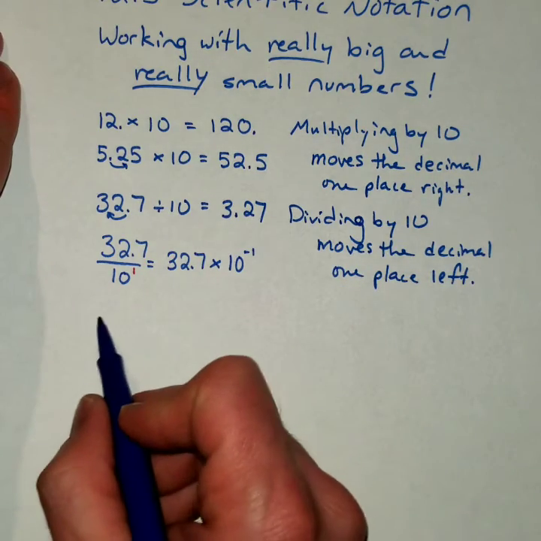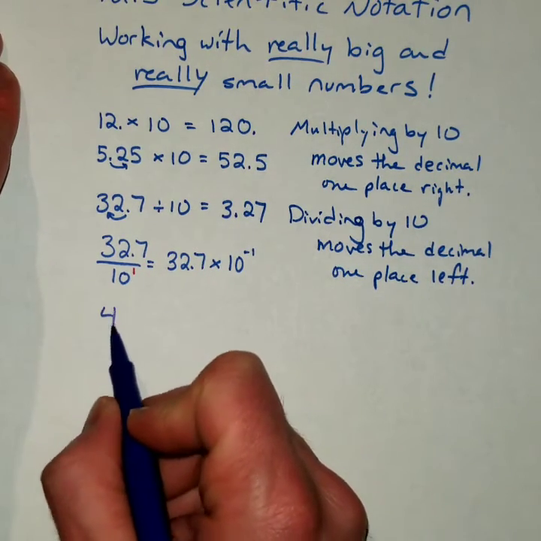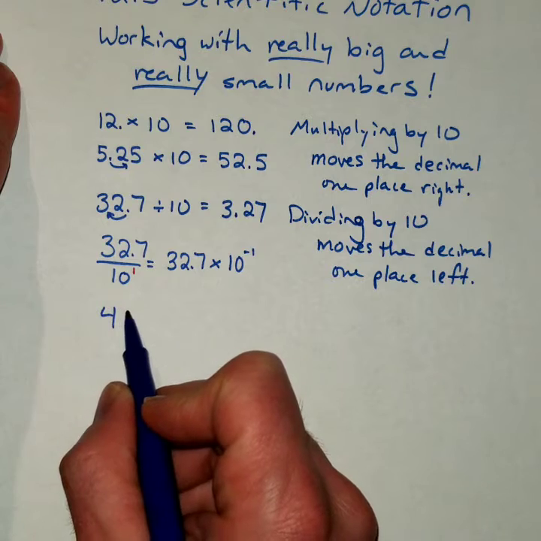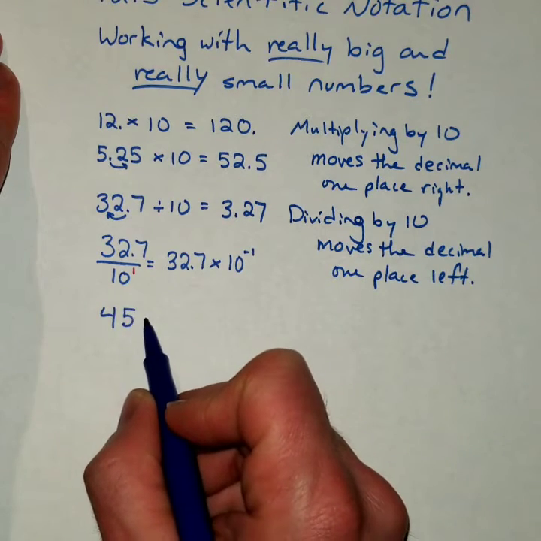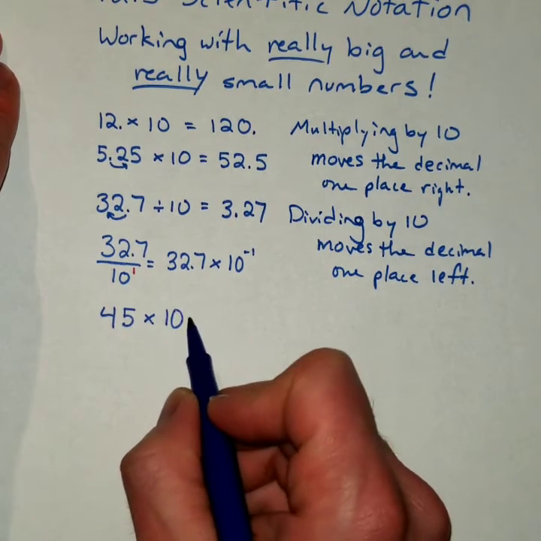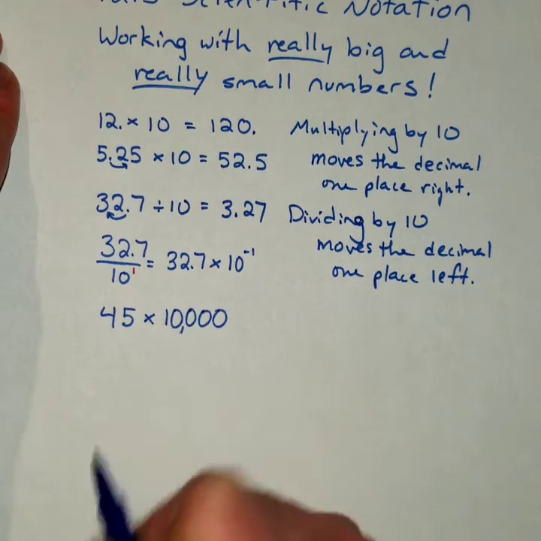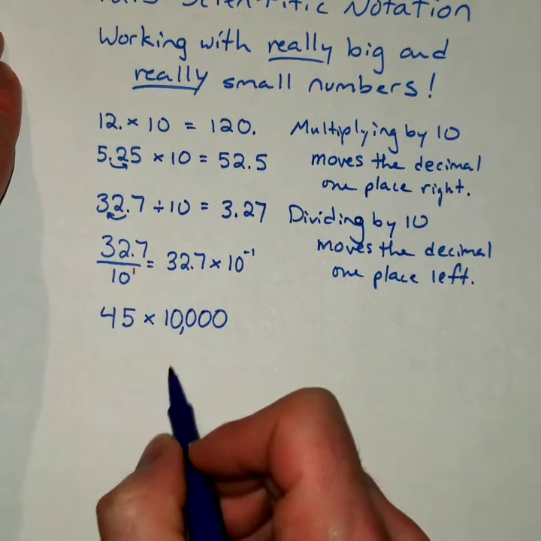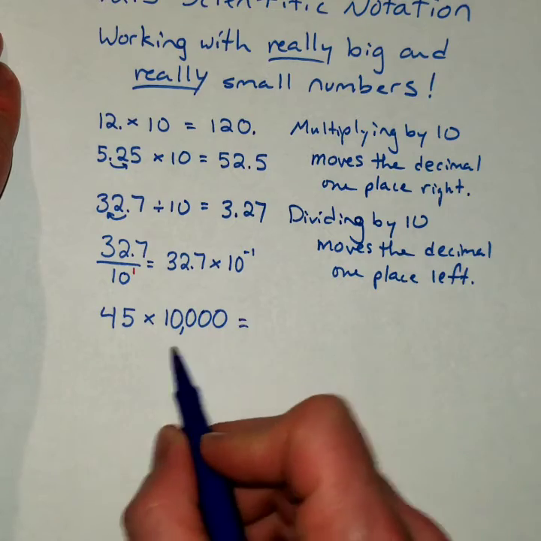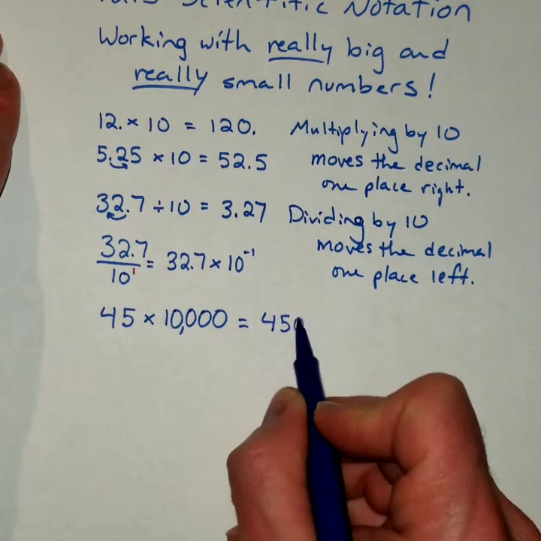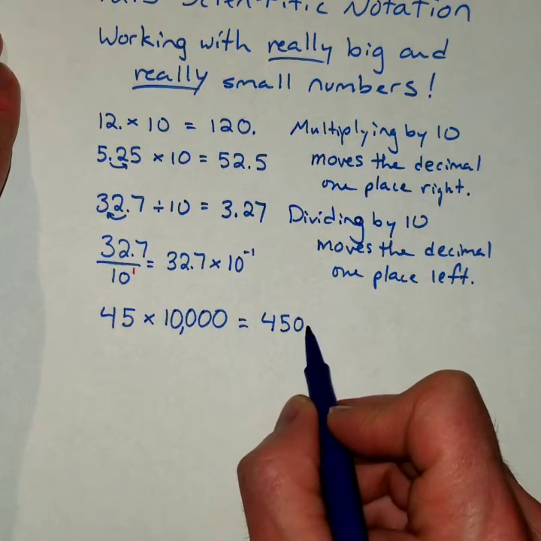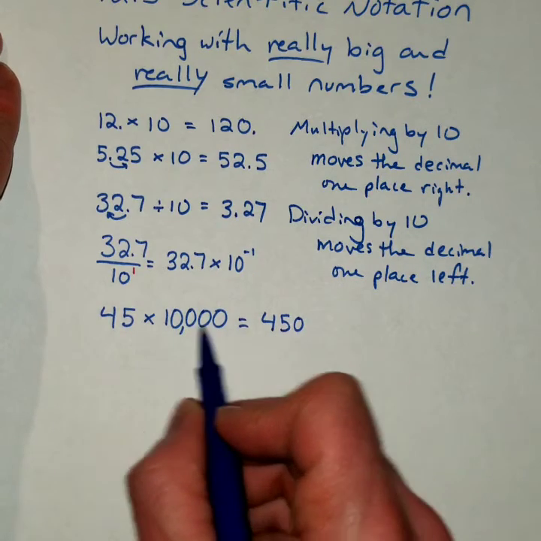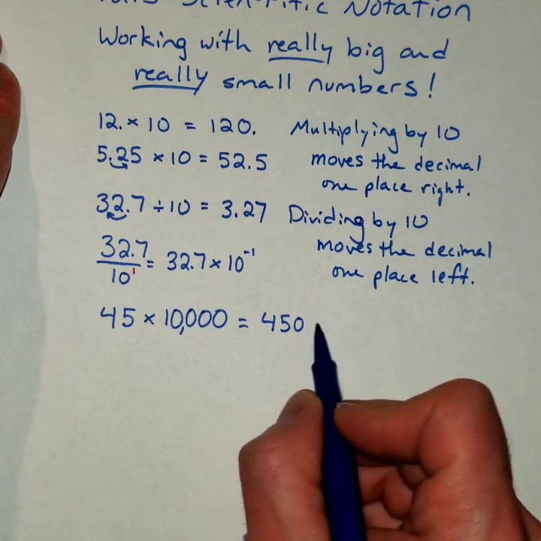Let's say you had something like 45 times 10,000. Well, 45 times 10,000 is actually 450,000, right? That's 45 with 1, 2, 3, 4 zeros.